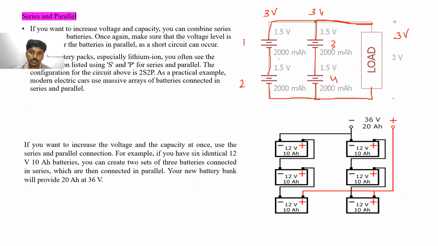So here, these two are connected in series, 2000 milliamperes hours, and these two are also connected in series, 2000 milliamperes hours. These two are connected in parallel. So how much? 2000 plus 2000, 4000 milliamperes hours. So the rated value of this battery is 4000 mAh.